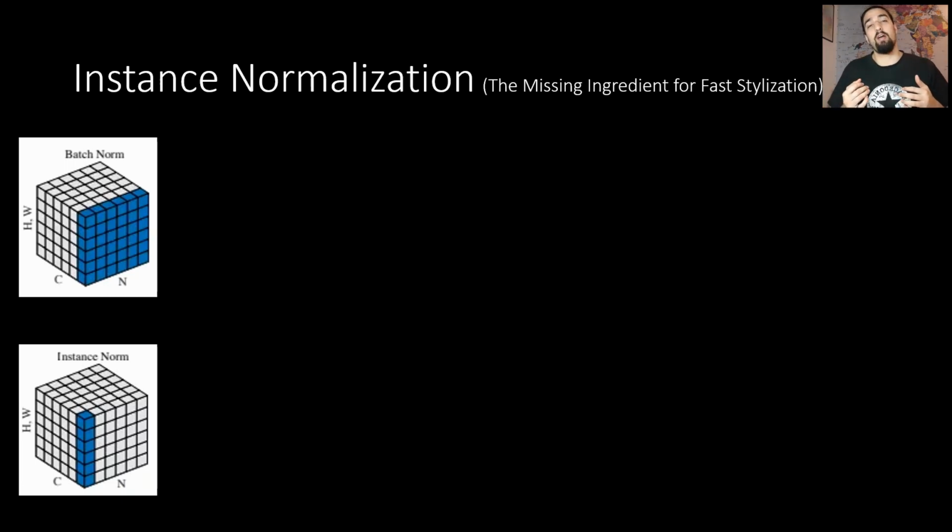So whereas batch normalization used a particular feature map from every single training example, the instance normalization just uses a single feature map. And you can see it on the image here, where the spatial dimensions of the feature map, the H and W, are collapsed into a single dimension, and N is the mini batch size, so the instance normalization is using just a single training example to figure out those statistics.